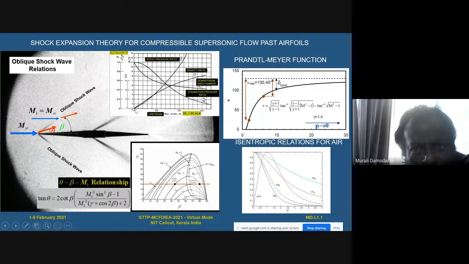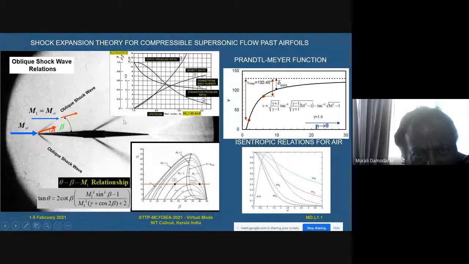From the Rankine-Hugoniot, you get oblique shock relations. And the oblique shock relations in the vicinity of the weak shock regime, you can simplify to weak shock relations, and that will give you the Prandtl-Meyer function for expansion waves. Where there are shocks, you have to apply the oblique shock relation based on the Rankine-Hugoniot.